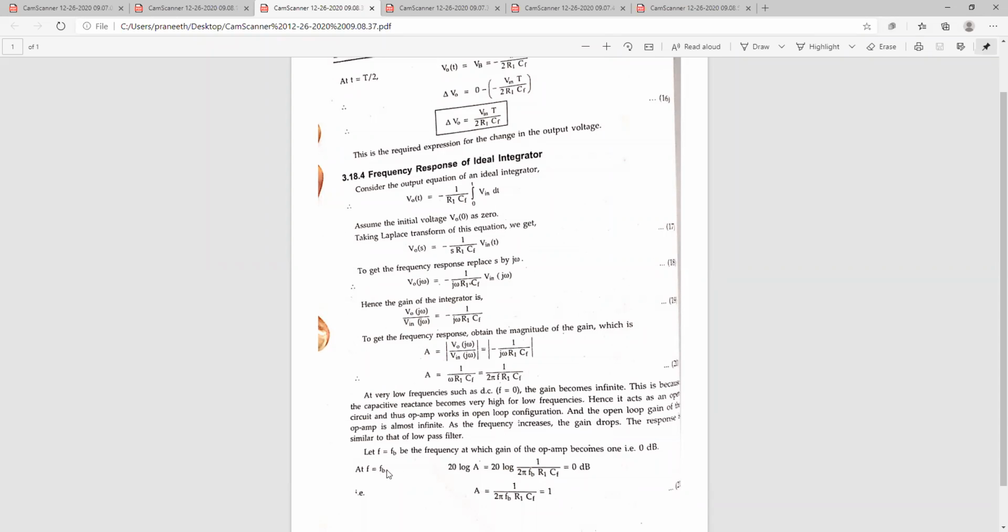That means here I have considered that F equals FB, where my output gain becomes 0.